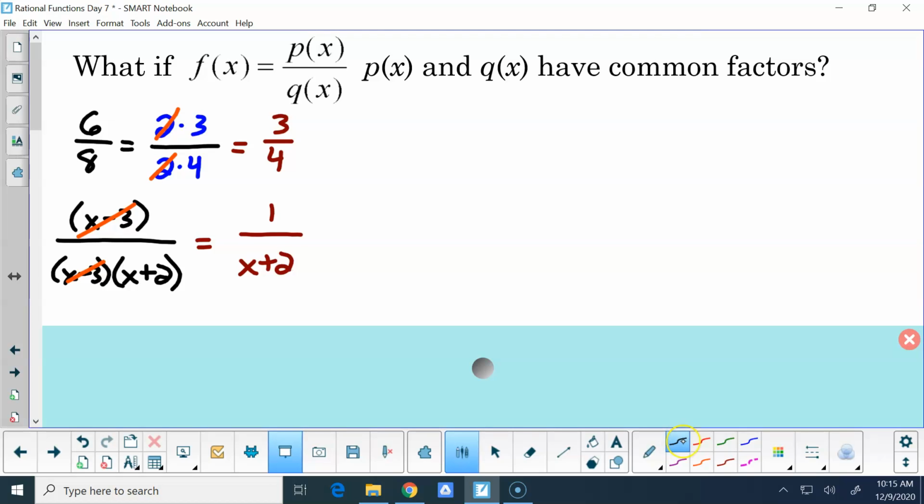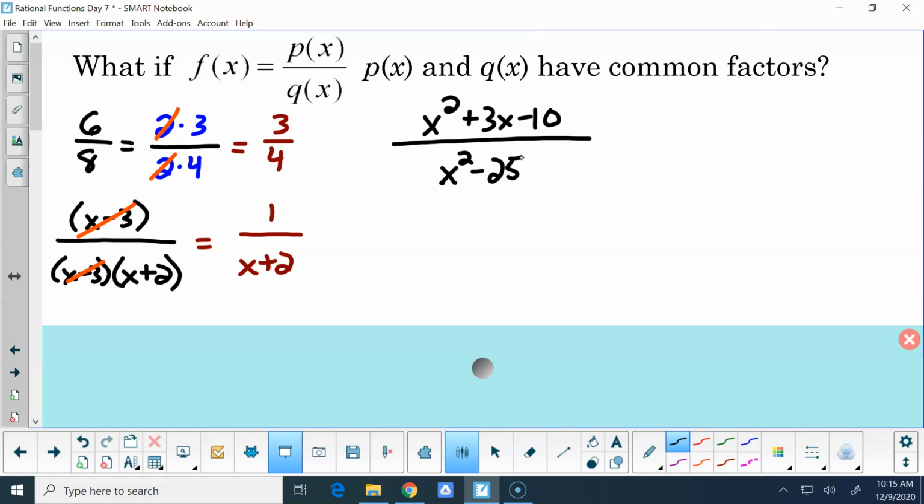Or we might have something that looks like x squared plus 3x minus 10 over x squared minus 25. Okay, polynomial over polynomial.